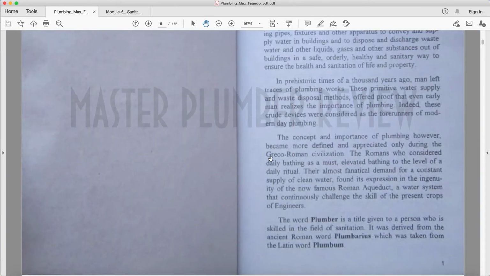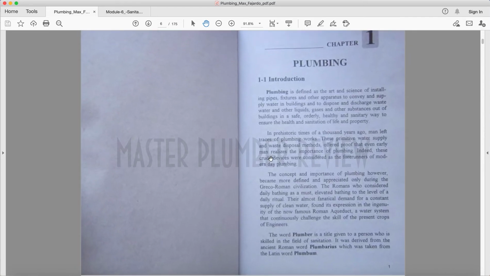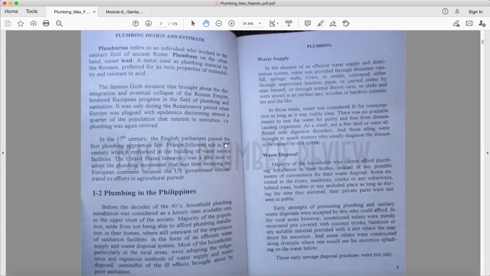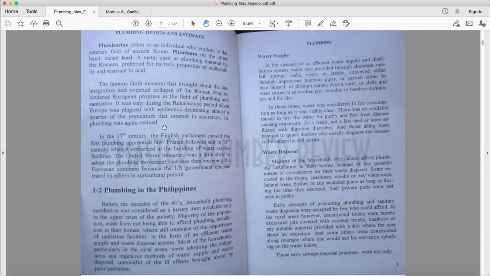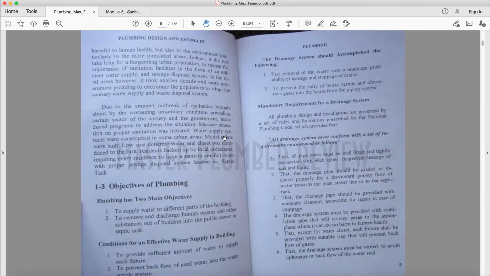So there is still a disagreement. What really is the scope of the master plumber? What really is the scope of the sanitary engineer? It involves the art and science of installation of materials needed for waste disposal.